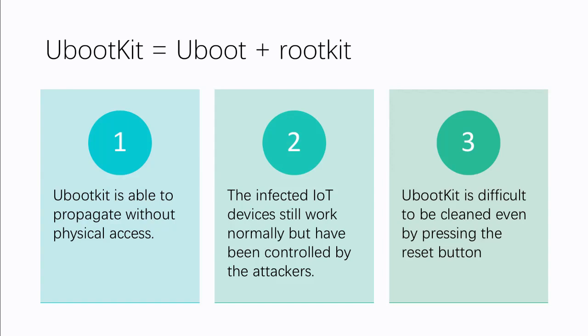The UbootKit attack is a kind of manipulation attack for the bootloader. The worm will rewrite the bootloader, and then the malicious code in the bootloader will be executed.